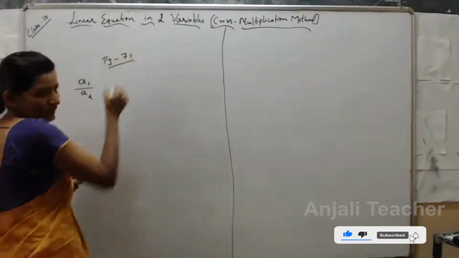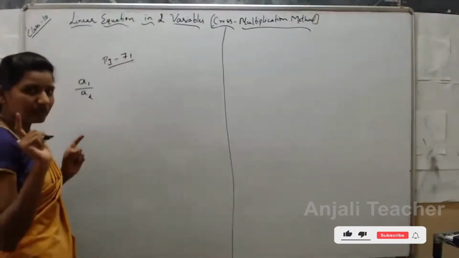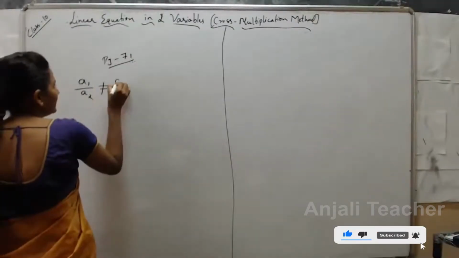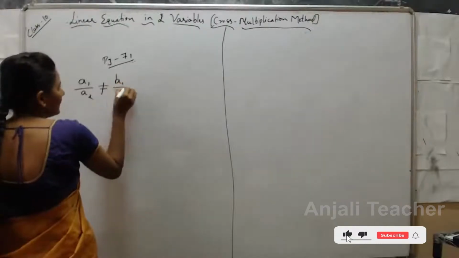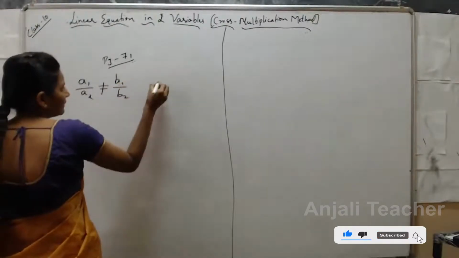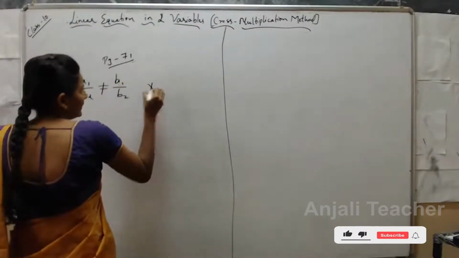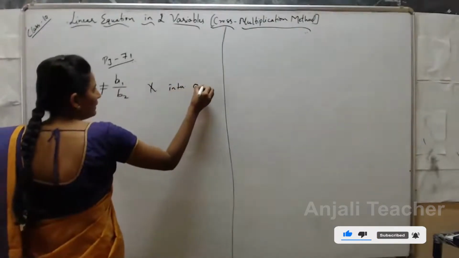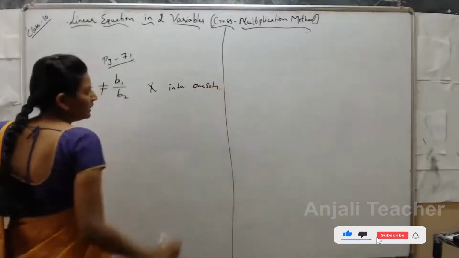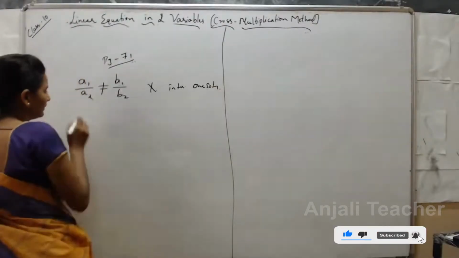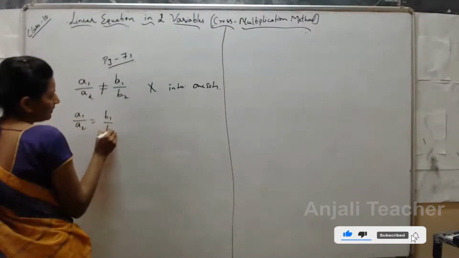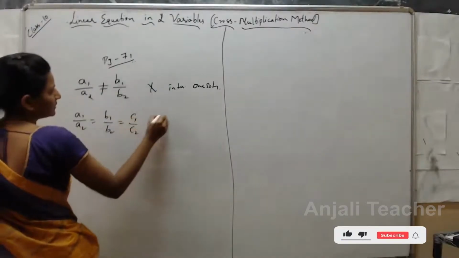If you want, you can go and check page number 71. If a1 by a2 is not equal to b1 by b2, meaning the ratios are not equal, then these lines are intersecting lines and have only one solution. Again, a1 by a2 is equal to b1 by b2 is equal to c1 by c2.